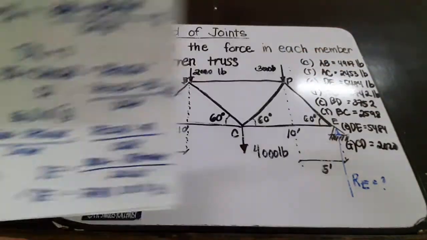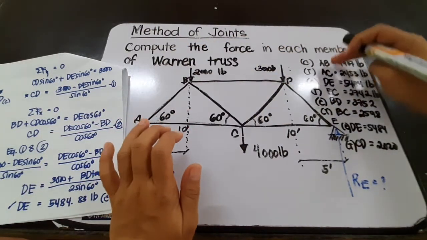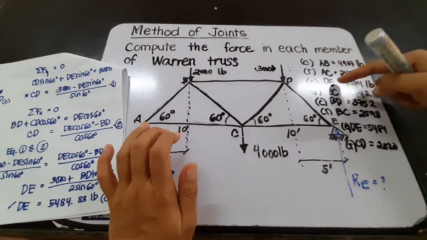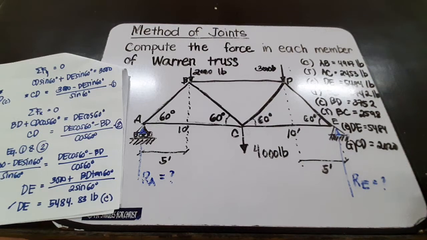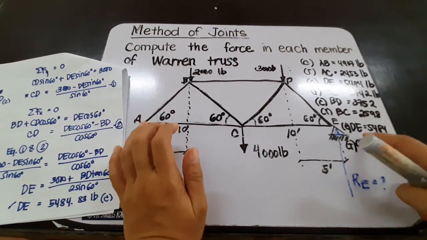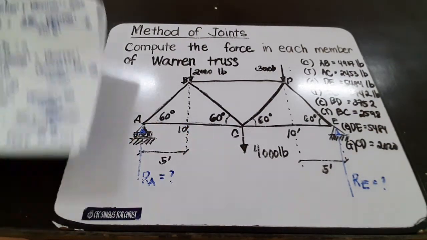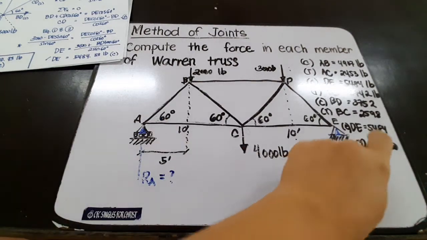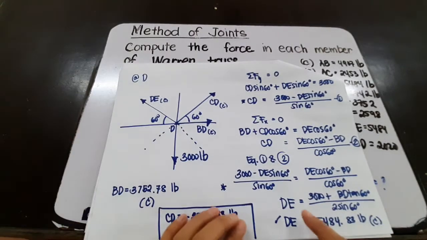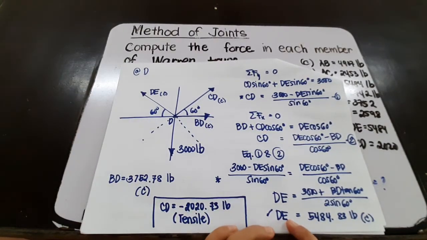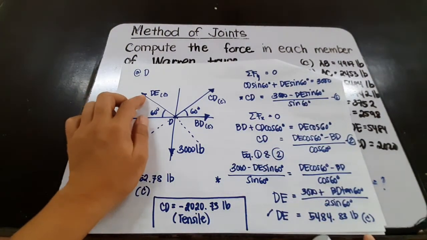Okay, so we have how many members? 1, 2, 3, 4, 5, 6, 7. And we have solved 1, 2, 3, 4, 5. 1, 2, 3, 4, 5, 6, 7, 8. Oh! So we have 8 because we have duplication here, DE and another DE. So actually we can directly solve for CD because we already have the value for DE.